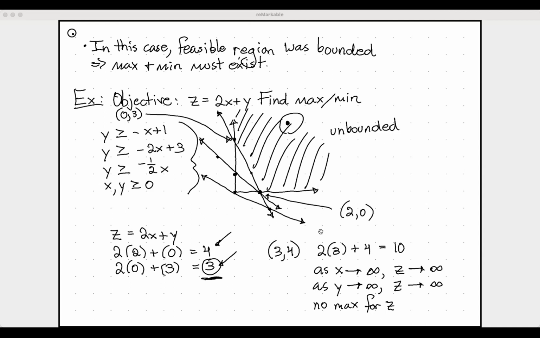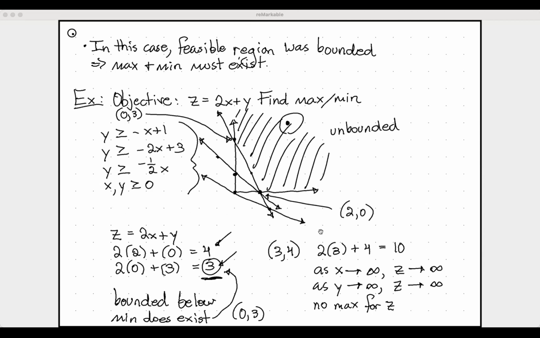So you could say that we are bounded below in this case. So a minimum does exist. And then since it does exist, the theorem says that it has to be this one right here. So the coordinate pair 0, 3 gives us the minimum.